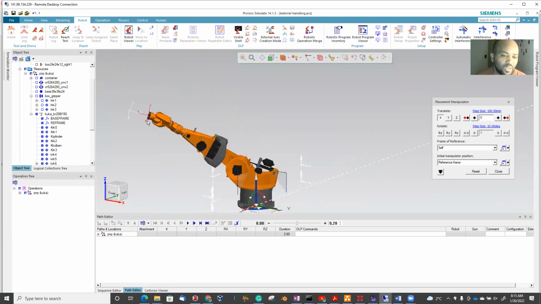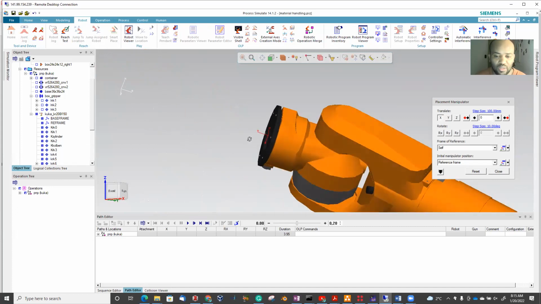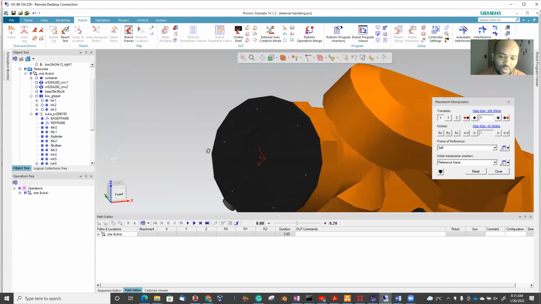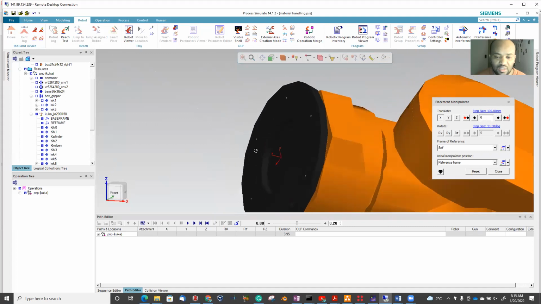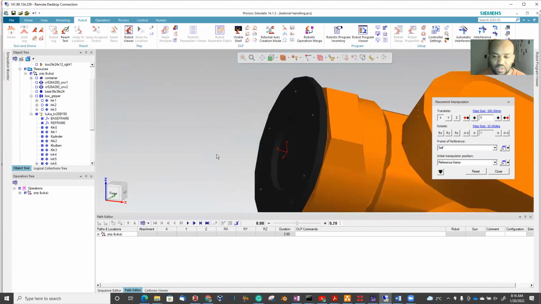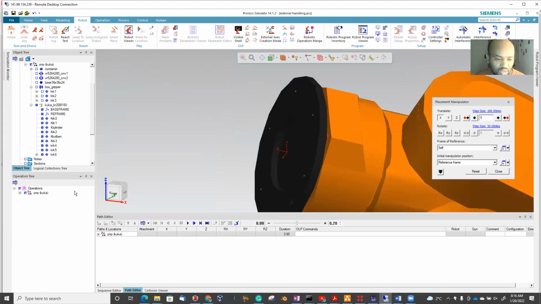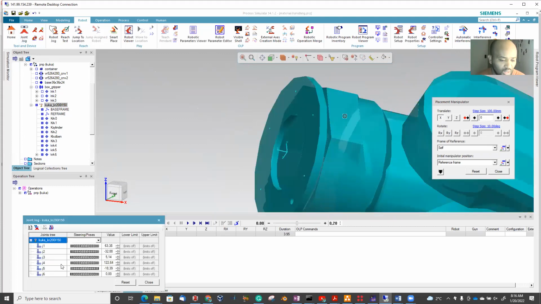But actually we know these when we define them. Here I have one basic example: the tool center point, which is defined here, has the z-axis outward, which represents the axis of rotation. This flange is rotating about this axis, so it is showing us the axis of rotation, rotating along the z-axis.